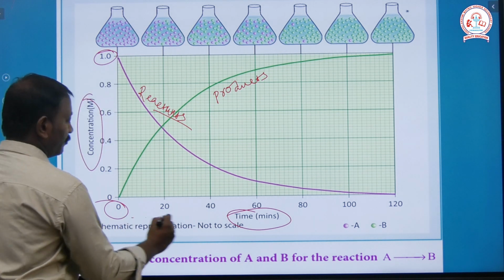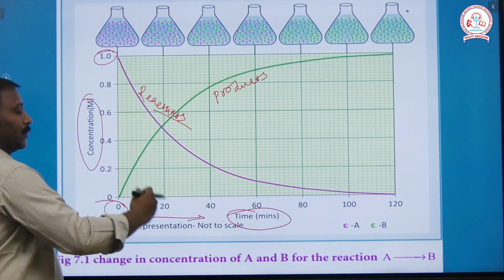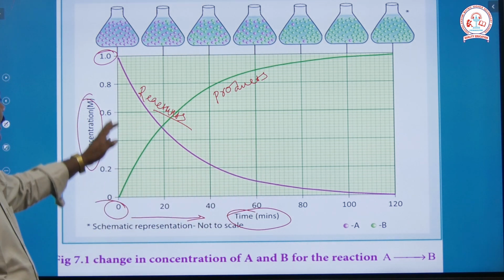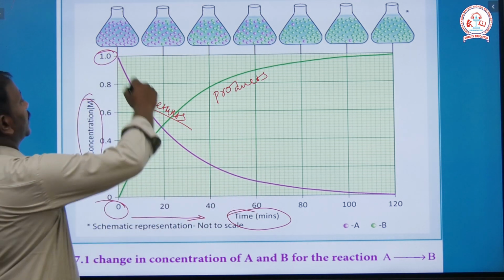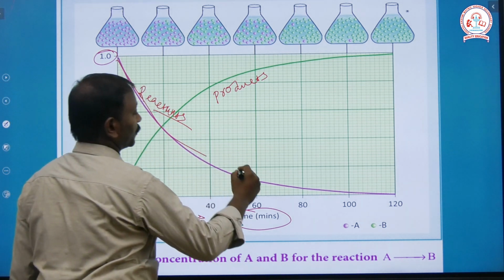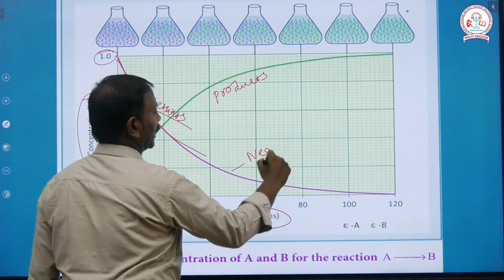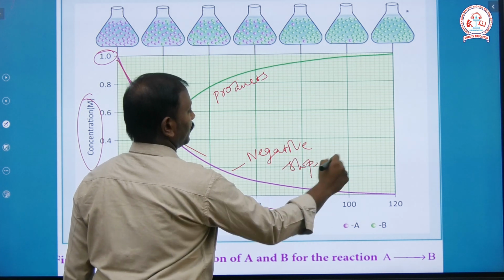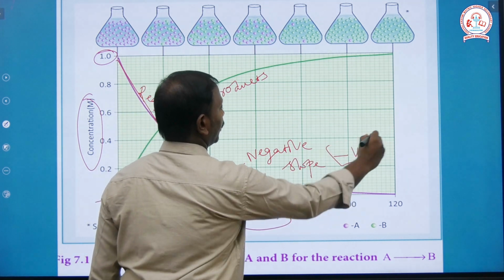Time increases to 20 minutes, 40 minutes, and the concentration of the reactant decreases. So this is a negative slope, a negative value.